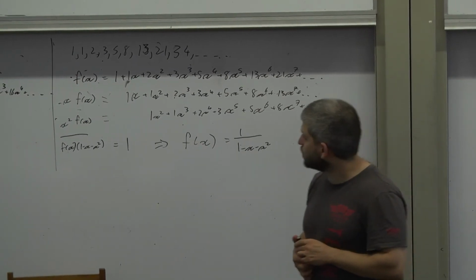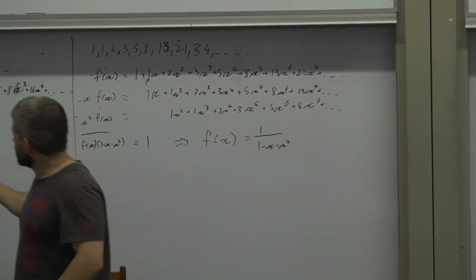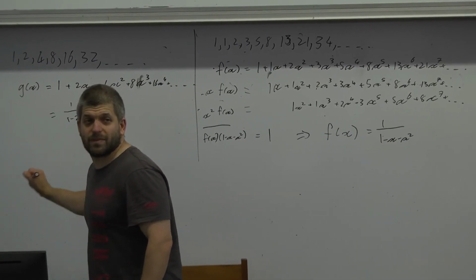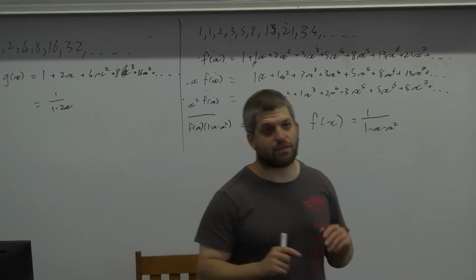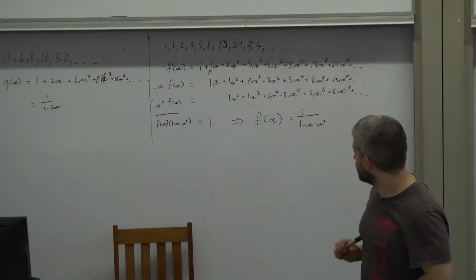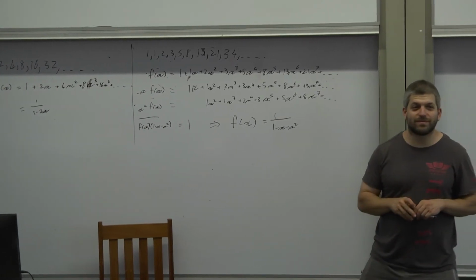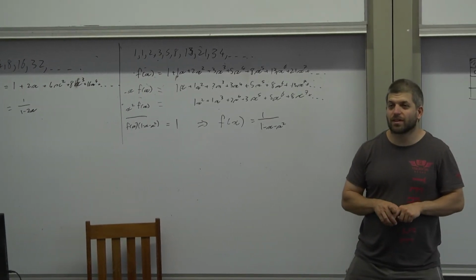Okay, that's good. Now the nice thing before was that we knew how to turn it into a geometric series and get the nth number, right? We don't really know how to do it here, do we?